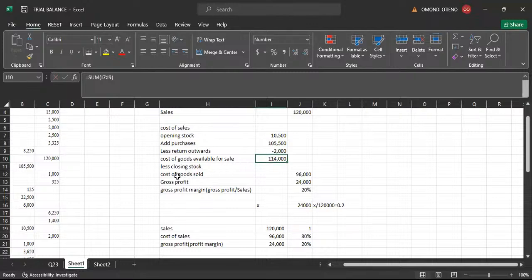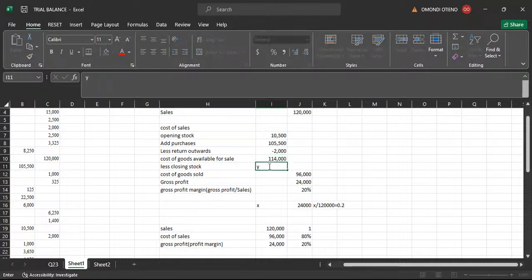For me to get cost of goods sold, I will subtract closing stock. 144,000 minus unknown should give me 96. So what is this unknown that reduces 144 to 96?